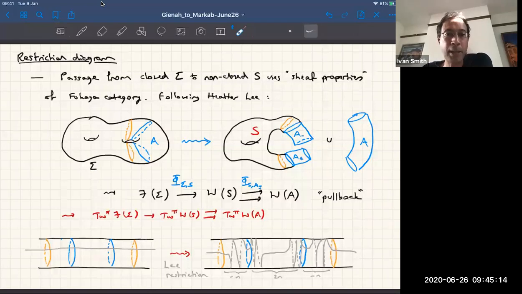So you have to pick objects that lie well with respect to this annulus A. You don't want things that, for instance, backtrack in A, but you choose some set of split generators that move nicely through A. And she constructs restriction functors from the Fukaya category of sigma to the wrapped category of S, and a pair of restriction functors from the wrapped category of S to the wrapped category of A. And that exhibits the Fukaya category of sigma, or its derived category, as a kind of pullback.